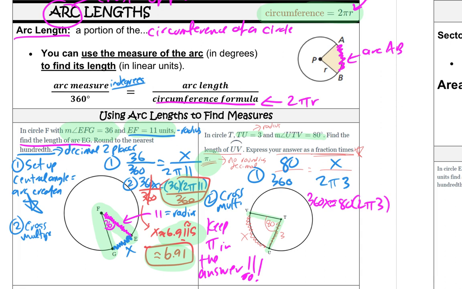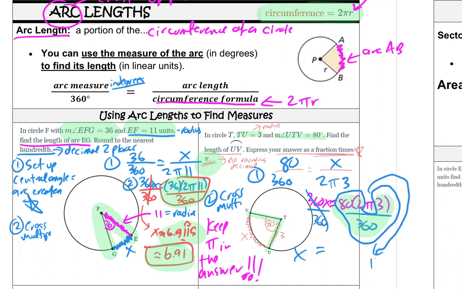Next step, we're going to divide. I'm going to divide this side by 360. That cancels out, and that leaves me with x equals. I'm going to put everything except for the pi in the calculator, and then I'm going to bring down that pi right over there.